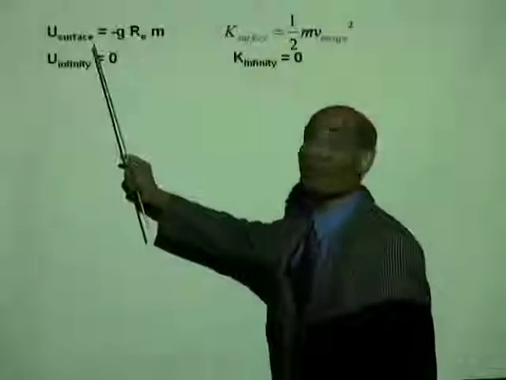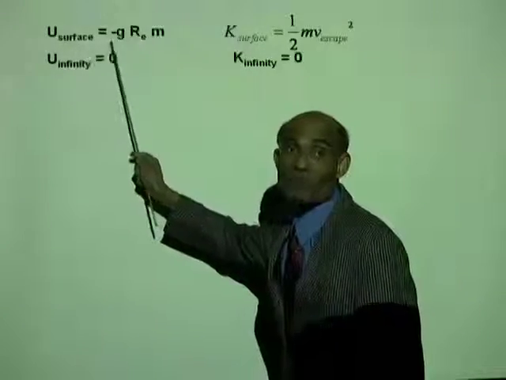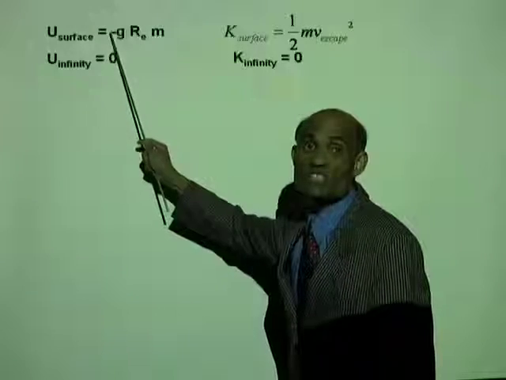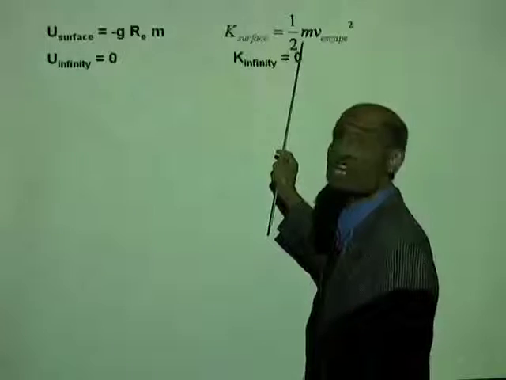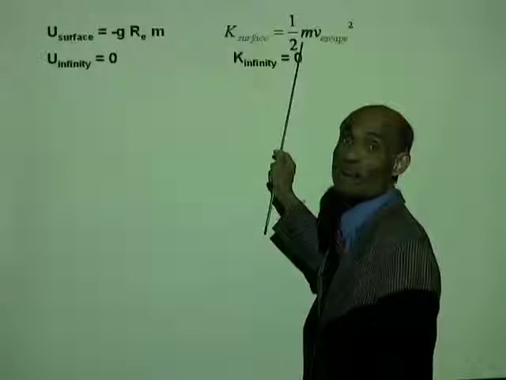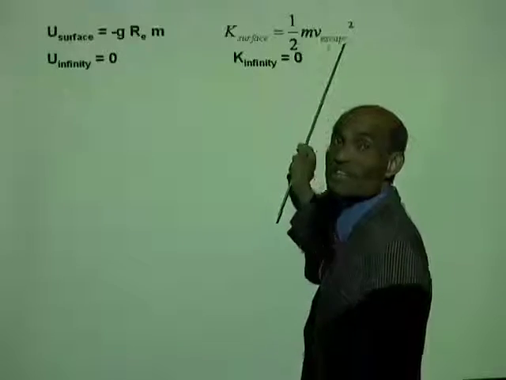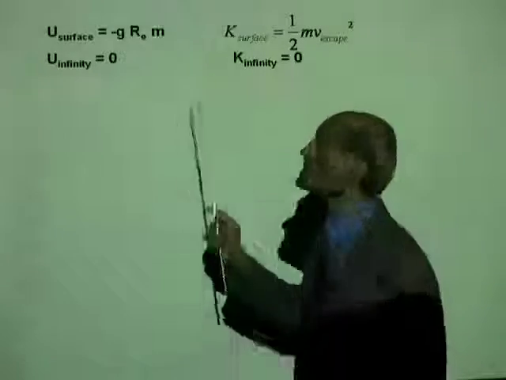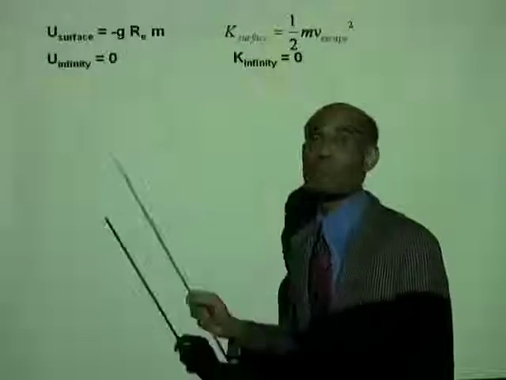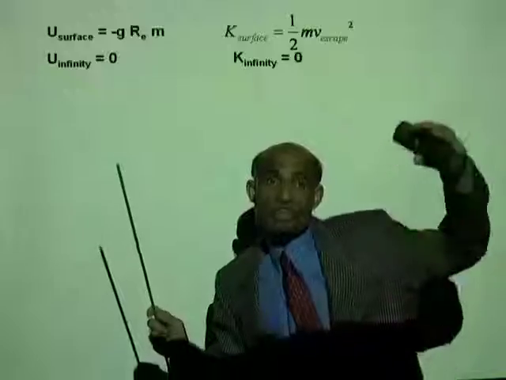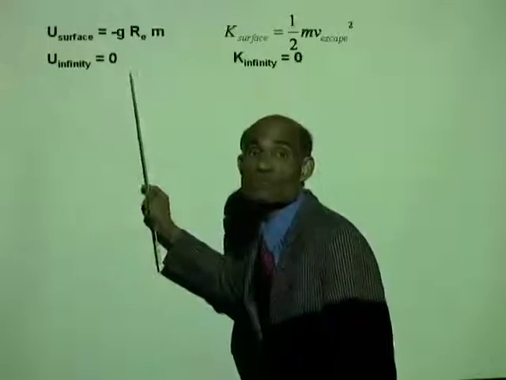Well, we have all these values. On the surface of the earth, the potential energy of the object is negative g R_E M. And if you throw the object with a velocity V escape, its kinetic energy, the moment you project it, will be 1/2 m V escape squared. When the object reaches infinite distance from the earth, its potential energy will be 0.